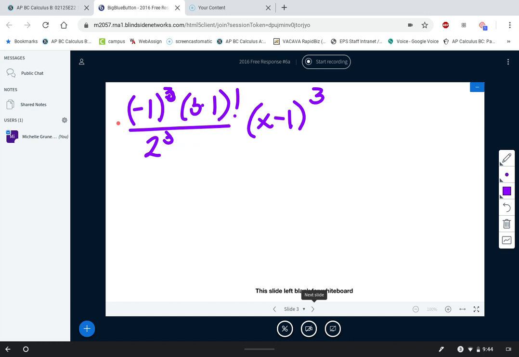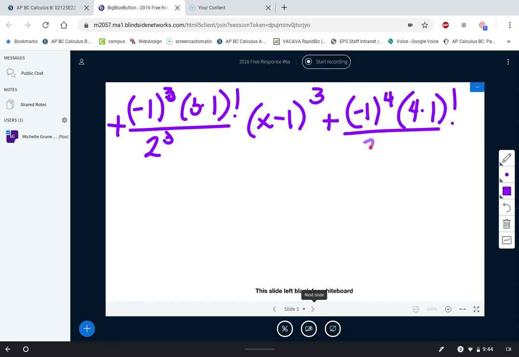And then I have plus negative 1 to the fourth, 4 minus 1 factorial, over 2 to the fourth, 4 factorial. I need to go back here and add the factorial that I left off. So now there are my first 4 terms.